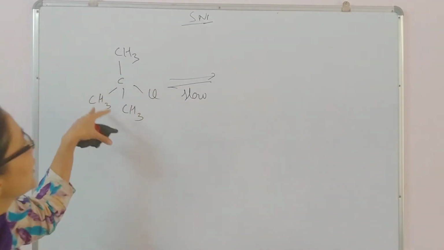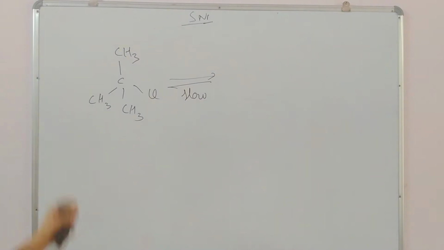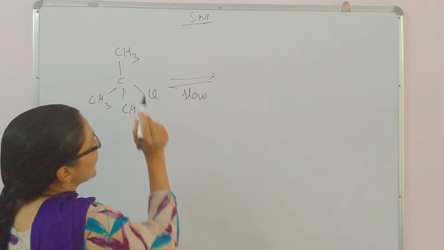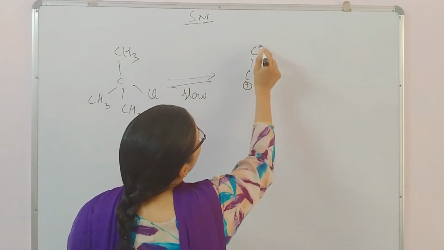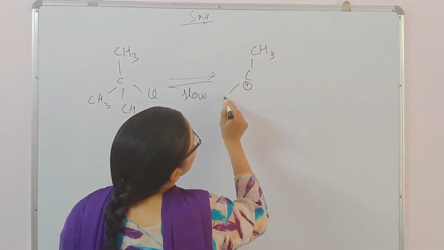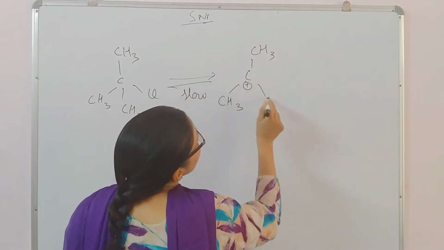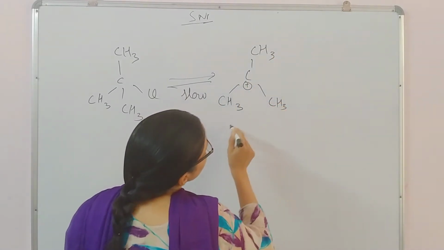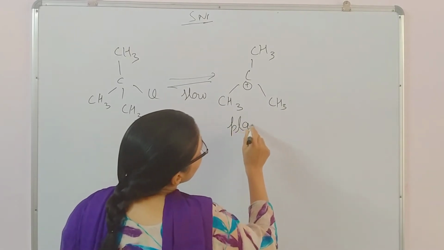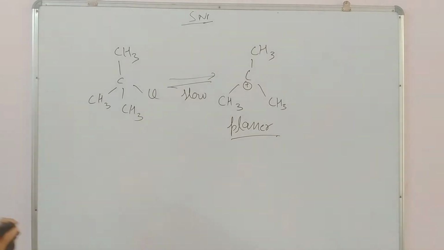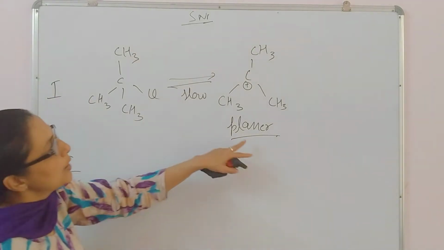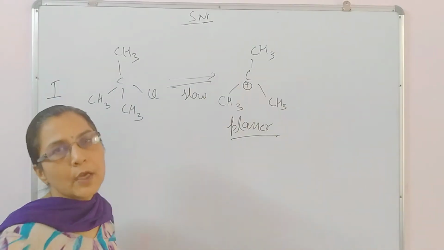As 3 bulky groups are attached, the possibility of forming a 5-bonded carbon is low, so it will remove the leaving group and there will be formation of a carbocation. And you know very well that a carbocation is planar. This one is the first step, this one is the second step. One planar carbocation we are getting.